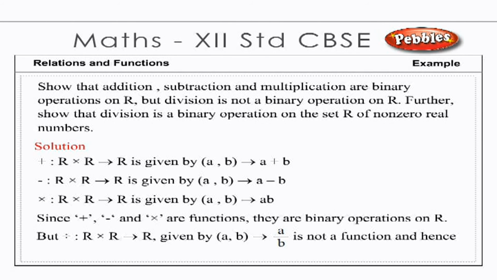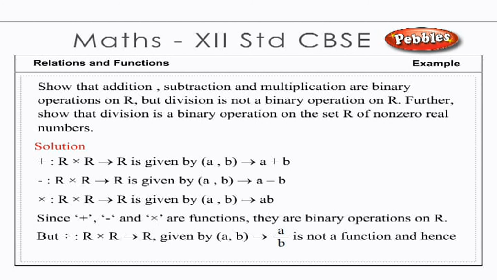Subtraction is R cross R to R given by (a, b) to a minus b. Multiplication is R cross R to R given by (a, b) to ab. Since addition, subtraction and multiplication are functions, they are binary operations on R.